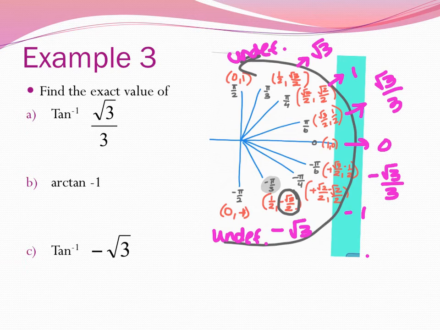What is the angle at which your tangent is positive root 3 over 3? Pi over 6. What's the angle if the tangent's negative 1? Negative pi over 4. What's the angle if the tangent's negative root 3? Negative pi over 3. Okay? So the work is front loaded on this side. If you just add those points in on your unit circle, the questions themselves require no work.